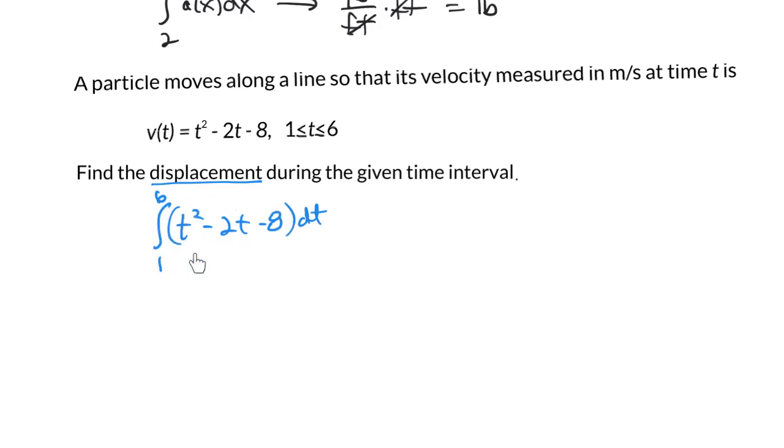We find the antiderivative and then plug in the endpoints. Using the power rule, we get 1/3 t cubed minus t squared, because t goes up by 1 to 2, then we divide by 2 so the 2's cancel, and then minus 8t from 6 to 1.